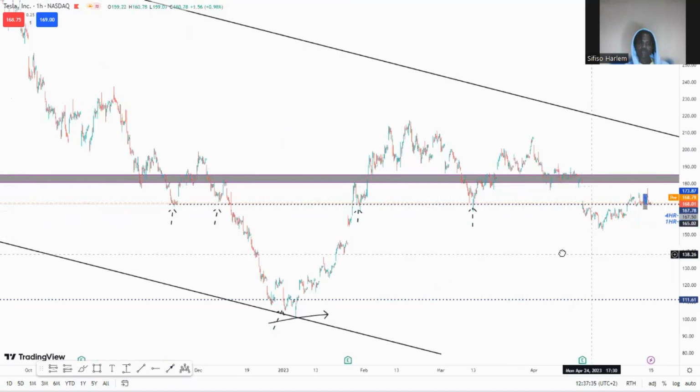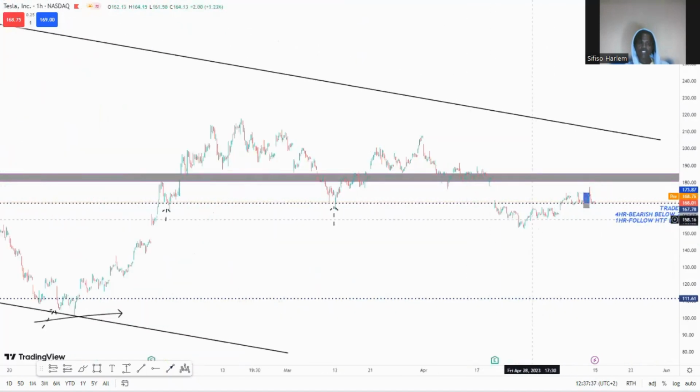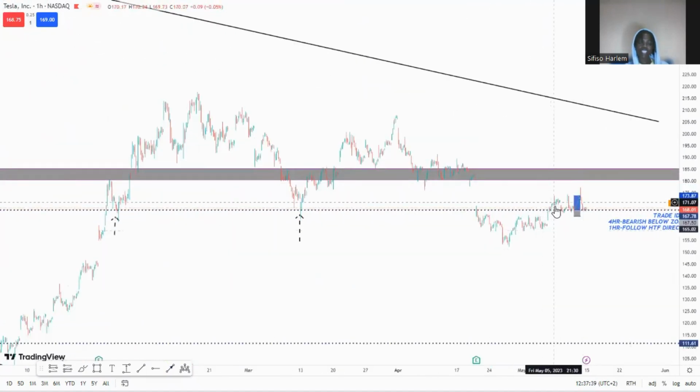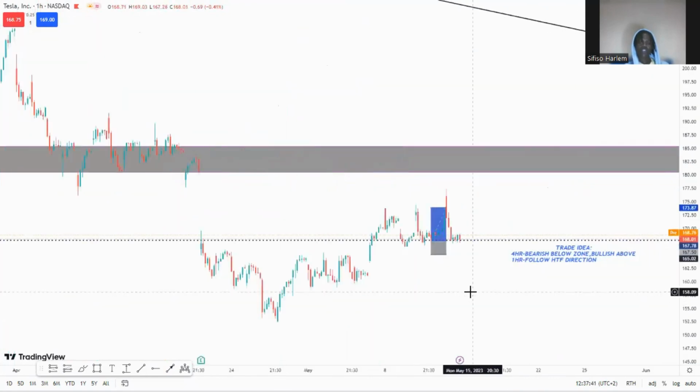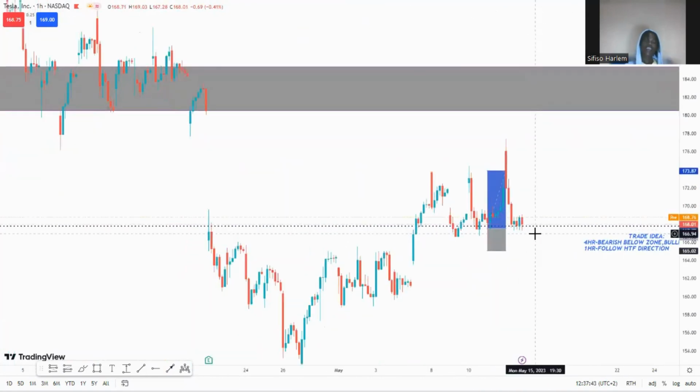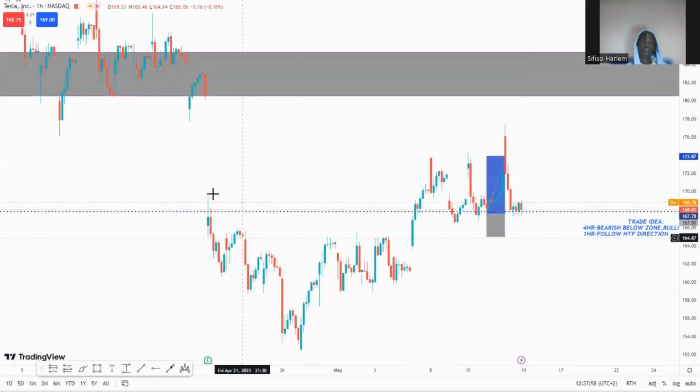And again, breaking below that zone and coming back above the zone. So why am I using the zone to be bullish? You can tell that every time price traded above the zone, price turned bullish. Every time it traded below the zone, price continued to the downside, right?